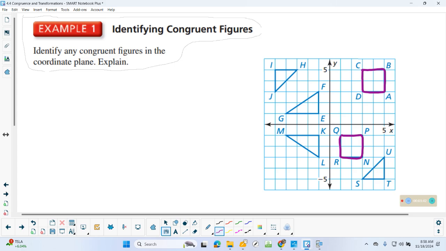Now, when we name 4-sided figures, we have an entire chapter on quadrilaterals. We use our little quadrilateral symbol. That might be new to you. I'm going to call the top one A, B, C, D. And then quadrilateral. And I'm just going to call the other one N, P, Q, R.